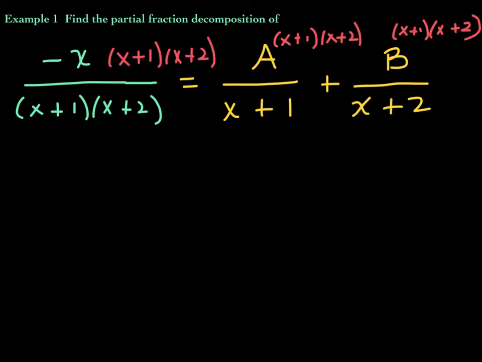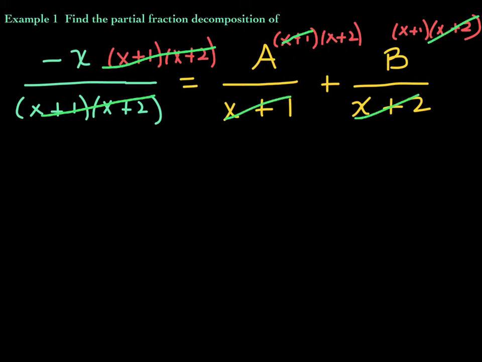Please excuse that this is a little sloppy, but I'll clean this up in just a second. Now, notice that this product divides out with that product, completely. And over here on the right side, x plus 1 divides out with x plus 1, and x plus 2 divides out with x plus 2.